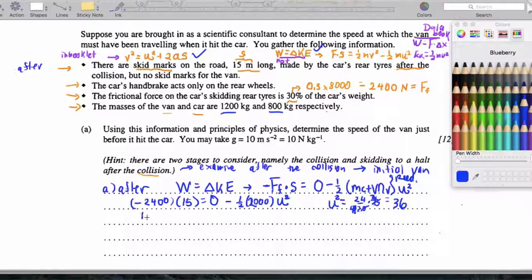So u ends up being 6 meters per second. This is the speed of both after they collide.